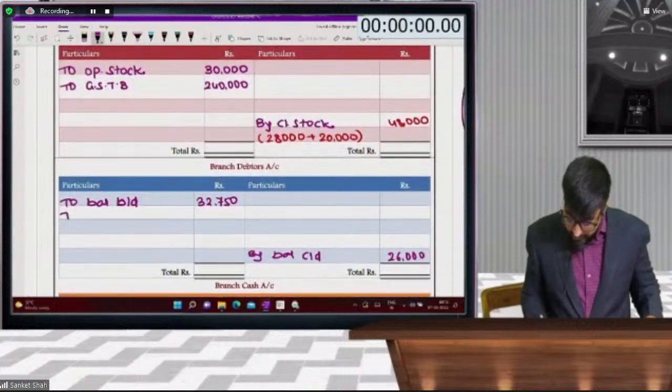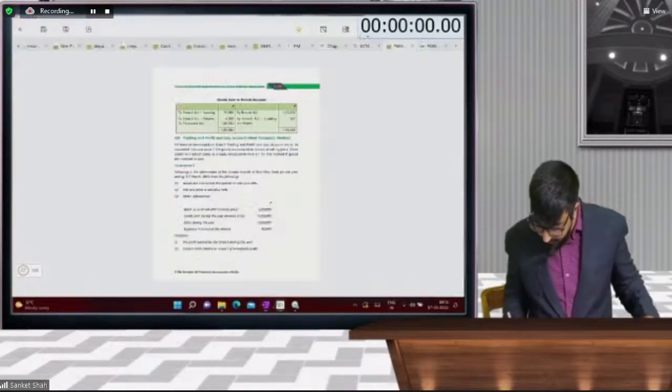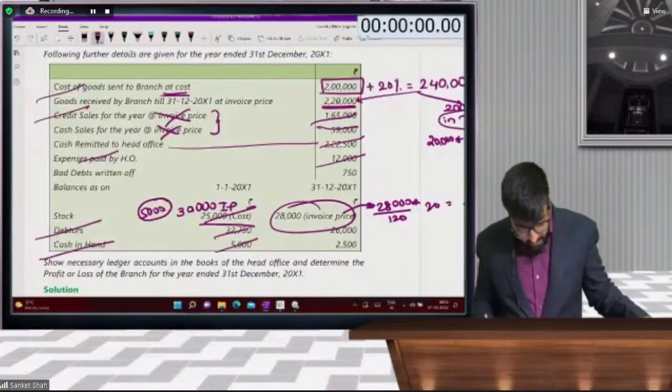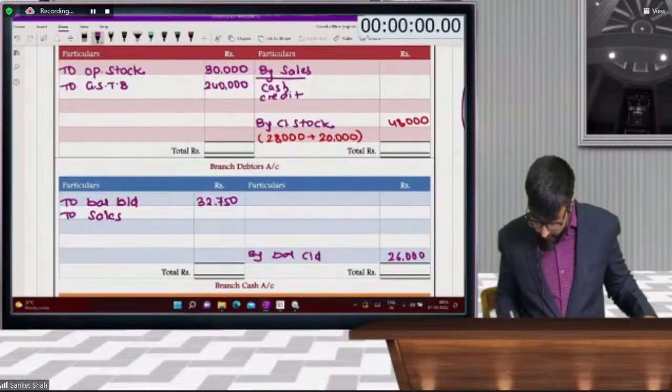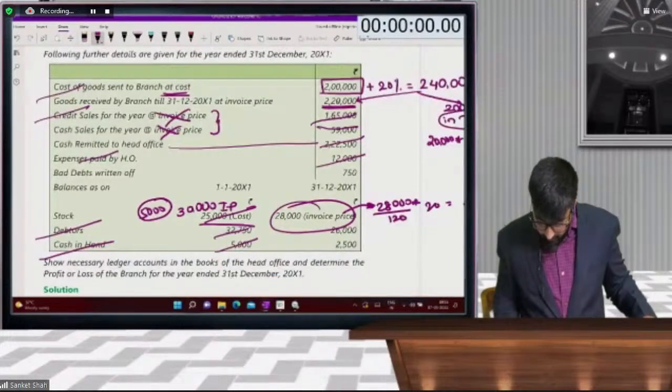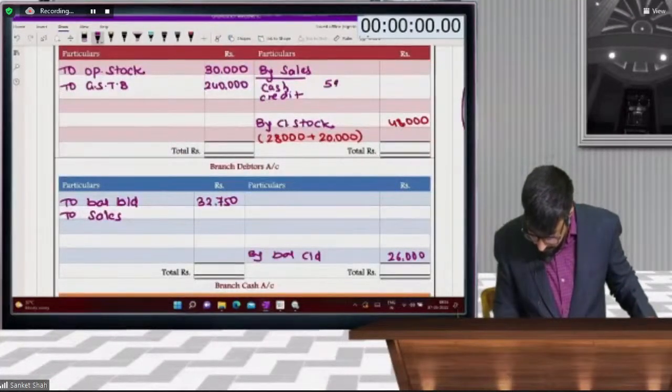Debtors credit sales to sales, and here the pro forma by sales, cash, credit. I don't think there is a return in this question. So only cash and credit we have to write. No returns. Okay. So what is the credit sales beta? 165 and 59 is a cash sales. 59,000 and 165.